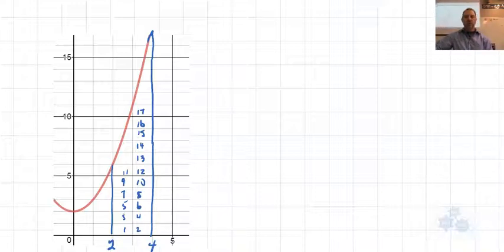If each of these is a 1 by 1 square unit, we could literally count up the units and make another estimation just by counting. So I've got all the whole number units: 1, 2, 3, 4, 5, 6, 7, 8, 9, 10, 11, 12, 13, 14, 15, 16, 17. Those are all the whole units.